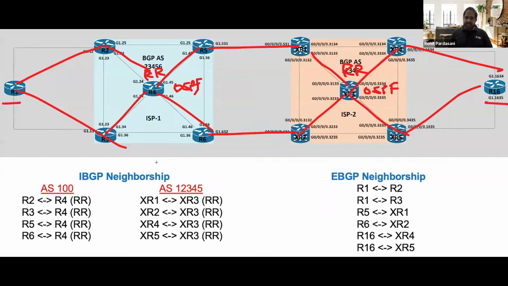Since that's the same, local preference is something that you cannot advertise outbound to an eBGP neighbor. So I cannot go to router 2 and router 3 and configure local preference outbound to router 1. But I can go to router 1 and configure local preference inbound from router 2. So when I receive the route, I will set the local preference before I put the route in the BGP table.